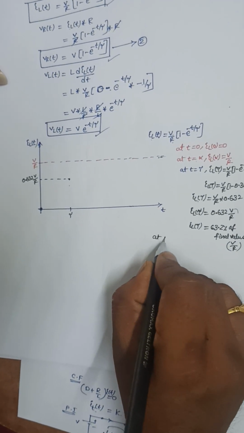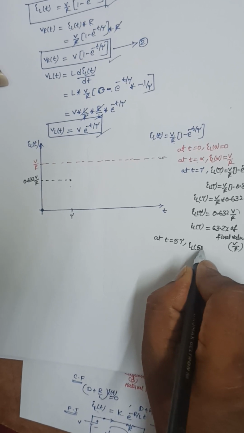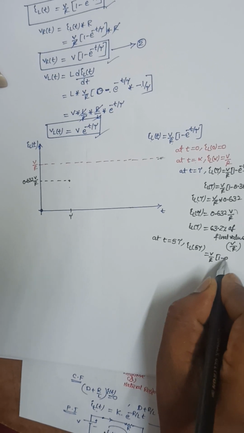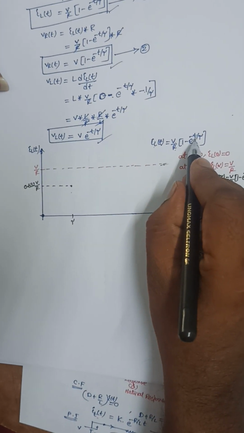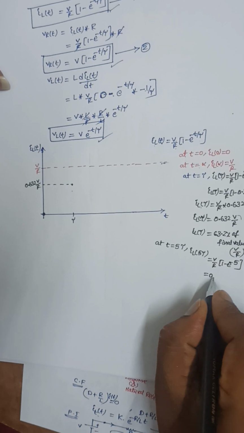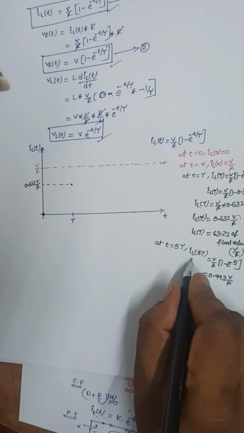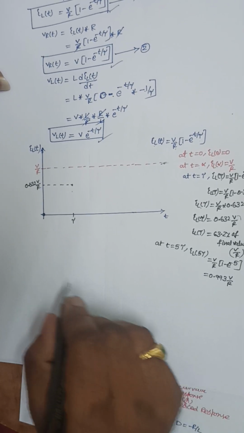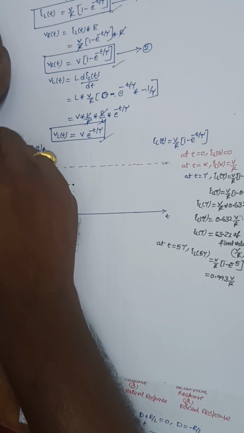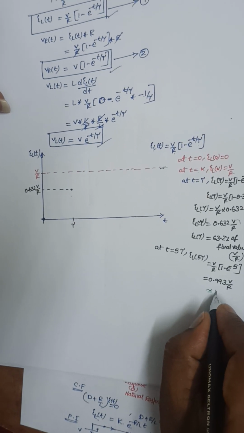Now at t is equal to 5 tau, IL of 5 tau is equal to V by R into 1 minus e power minus 5, instead of t I am replacing with 5 tau. If I solve this, it is 0.993 into V by R. So IL of t is nothing but 0.993 V by R, which is approximately 1.